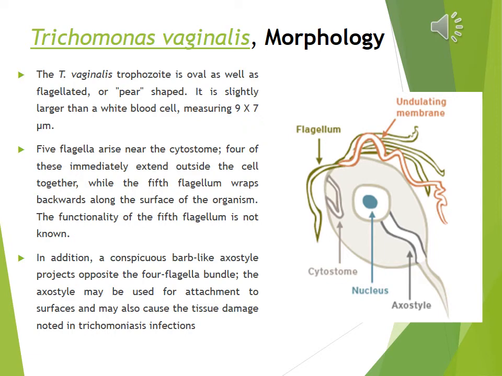Trichomonas vaginalis is a sexually transmitted disease, and more than 60 million people worldwide are affected annually by this protozoa. Trichomoniasis, the disease caused by Trichomonas vaginalis, is a sexually transmitted infection of the urogenital tract, and it is most common in women, while men with this infection can display symptoms of only urethritis.